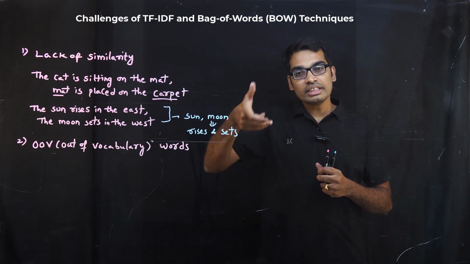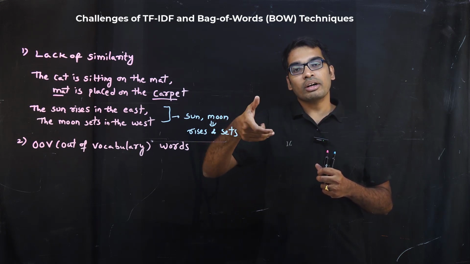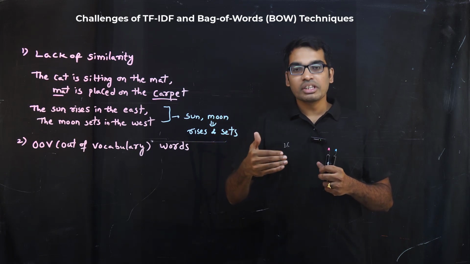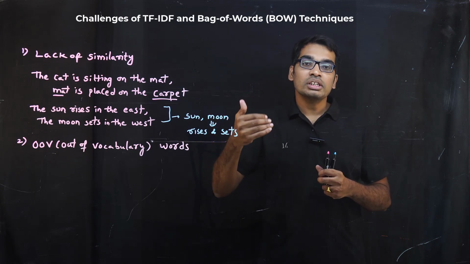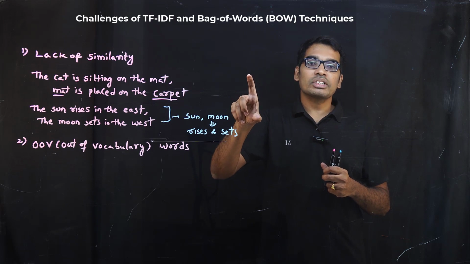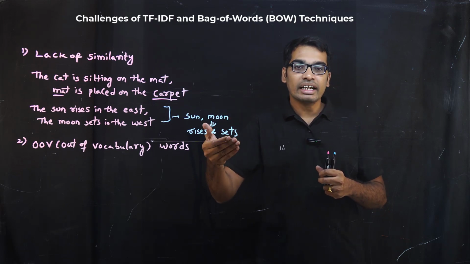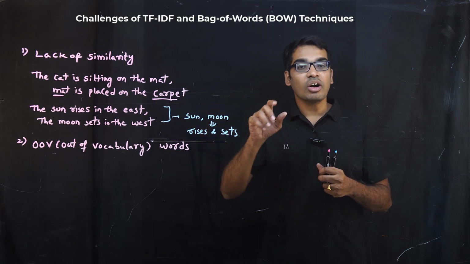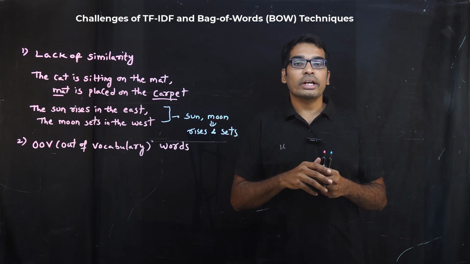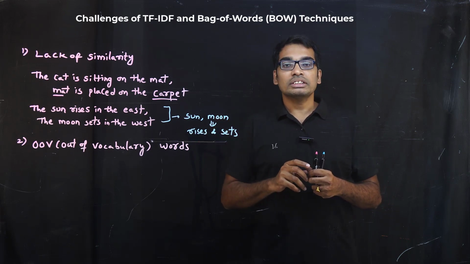This 10,000 tokens is part of your training data. If you get a word which is not part of this 10,000, how do we handle that? It is not able to handle that. It always produces your score as 0.